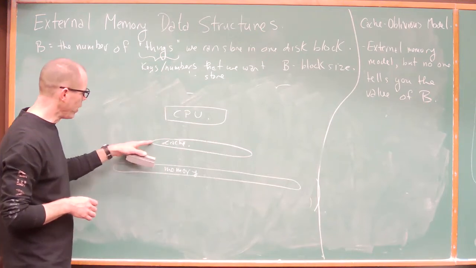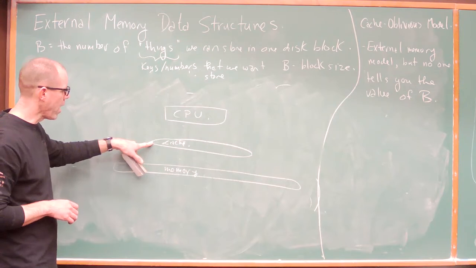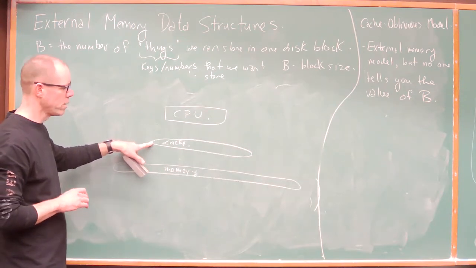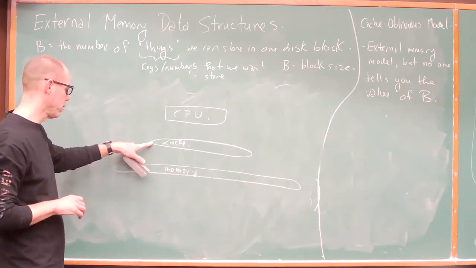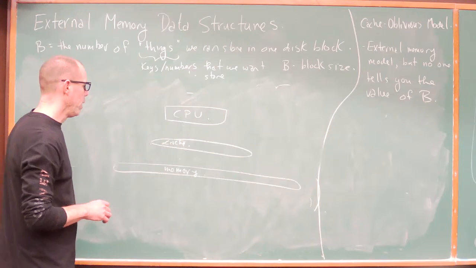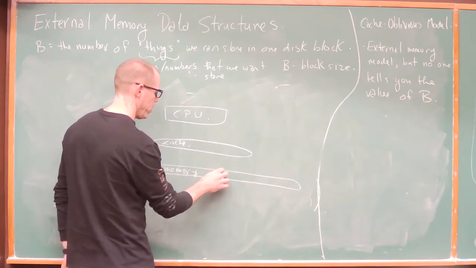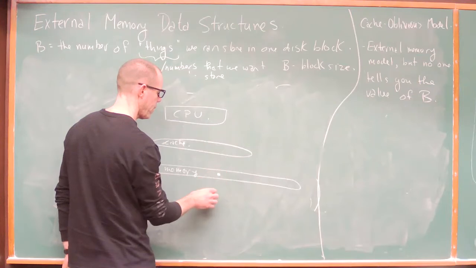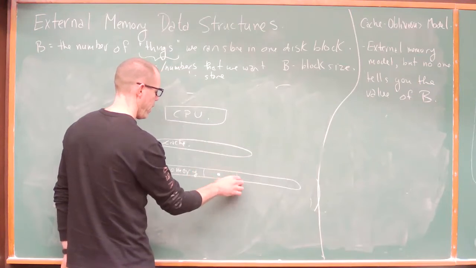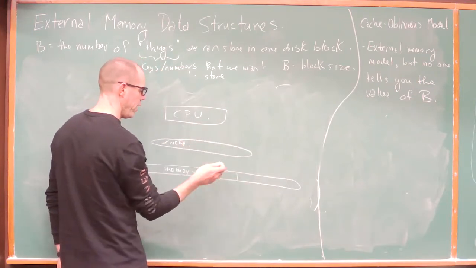I won't worry too much about how big this cache is. For us, it's not going to be important. For some other things, it matters. But basically, your CPU blindly asks for some location in memory, and your program gets the value that it asks for.